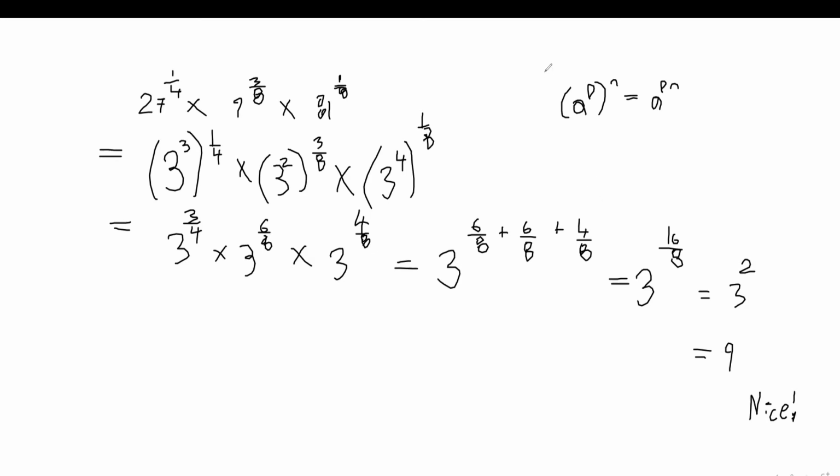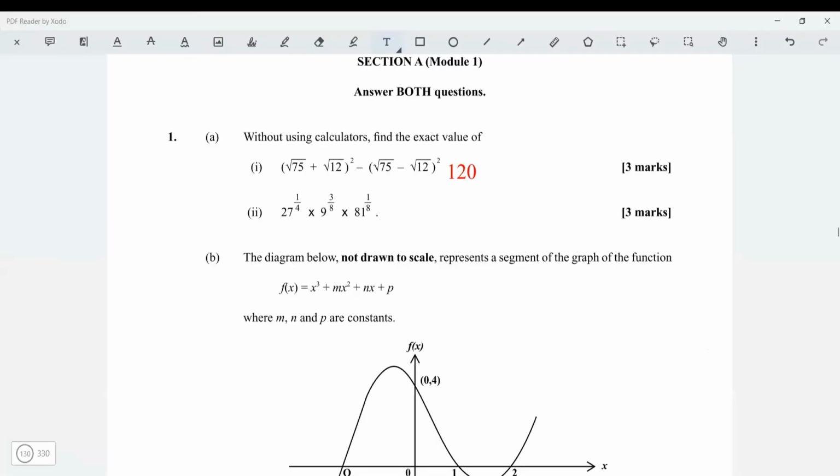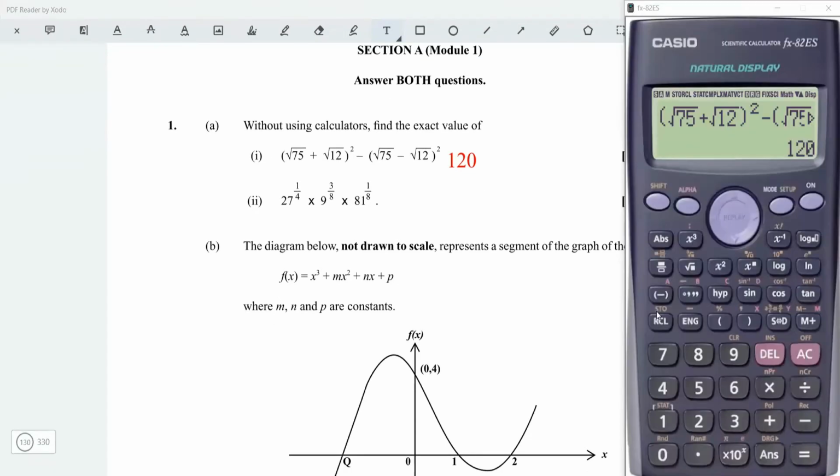Yes, sir. All right, so again, as I always say, you want to verify your answer. So anytime you work out a question, we can't just tell them nice and make any blemish. So we just have to check if it's correct. 27 raised to the quarter, multiplied by 9 raised to the 3/8, multiplied by 81, and we raise that to the 1/8.